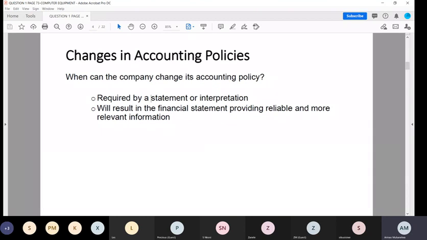On the other hand, the company is also allowed to change its accounting policy if that change will bring reliable and relevant information. In other words, if it will be favorable for that company to present their books using the new policy. Those are the two ways that the company can change its accounting policy.